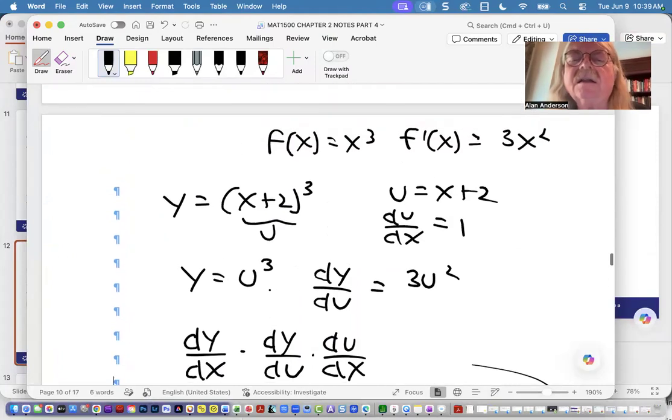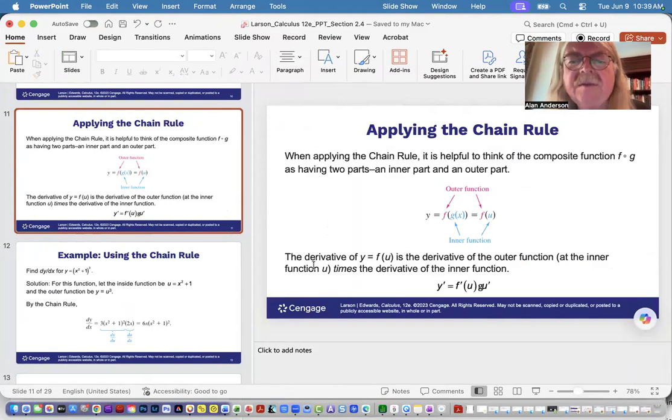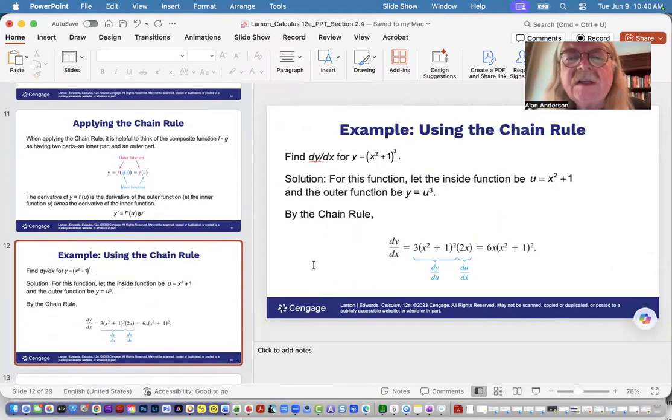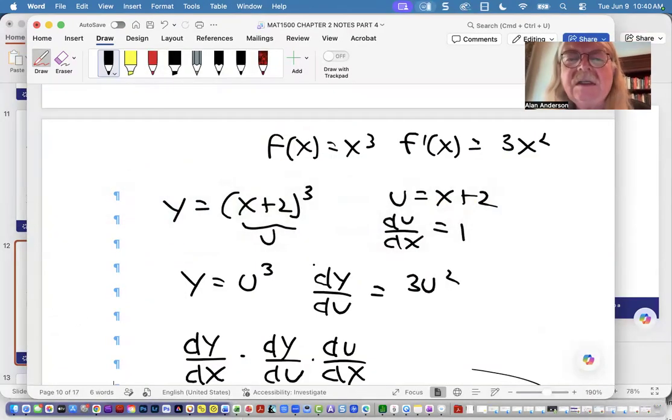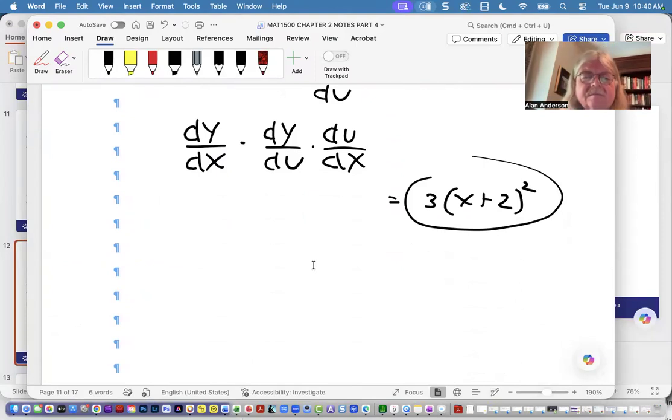No, they're not copying it right. Look at that. It is x plus 2 cubed, but then all of a sudden, this one is x squared plus 1 cubed. So, all right, that's pretty ridiculous, but let's try that one too. I thought I did something terribly wrong. No, they changed the example.